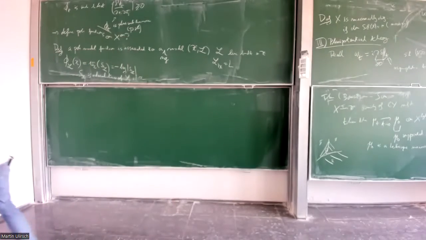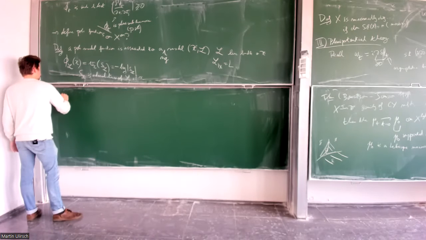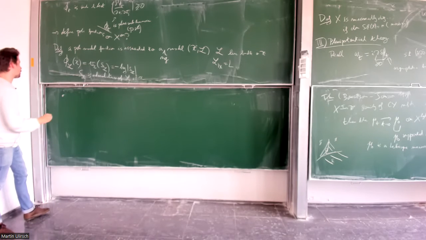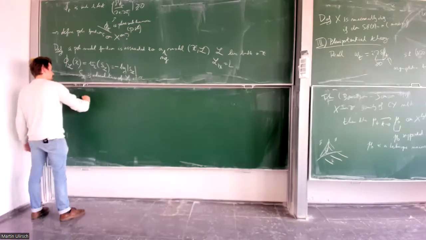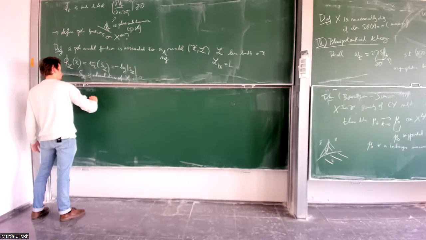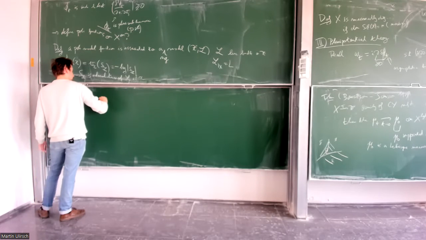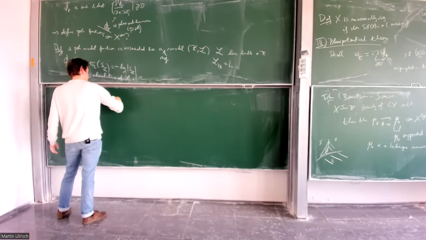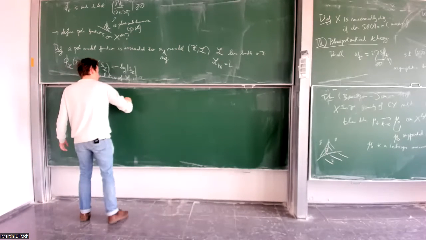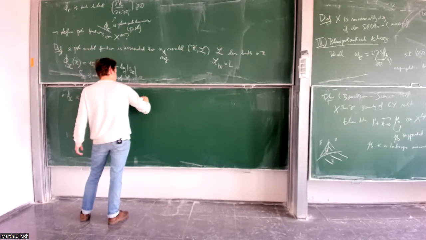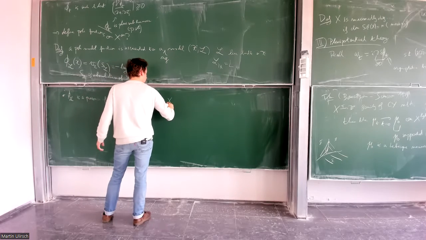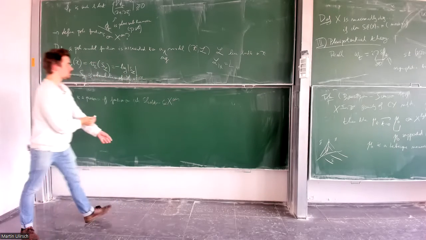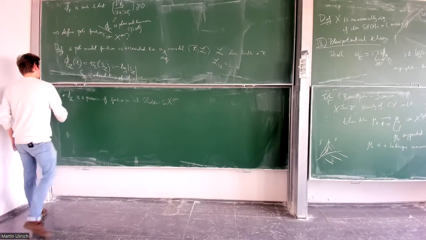So this function φ_ℒ satisfies the following properties. So this is a piecewise affine function on each skeleton inside X^an. So in a natural way, this is a piecewise affine function.